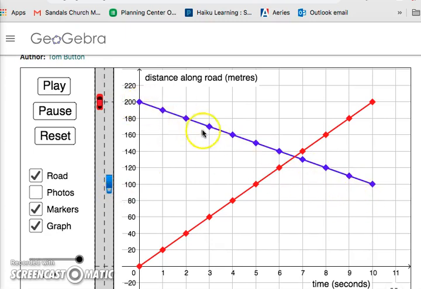Again, because this downward slope is showing that the bus was decreasing distance from its original starting point, while the car was increasing its distance from its original starting point. Both objects were traveling at a constant speed, though they were not traveling at the same speed. I can tell because the car covered a distance of 200 meters in the time, while the bus only covered a distance of 100 meters in the same amount of time.